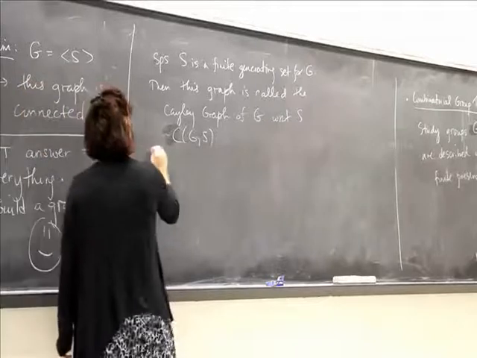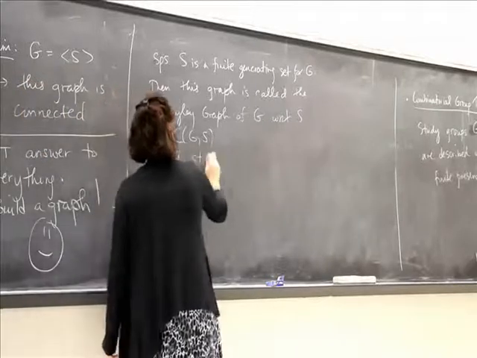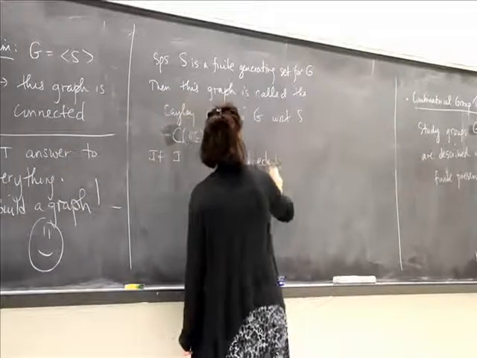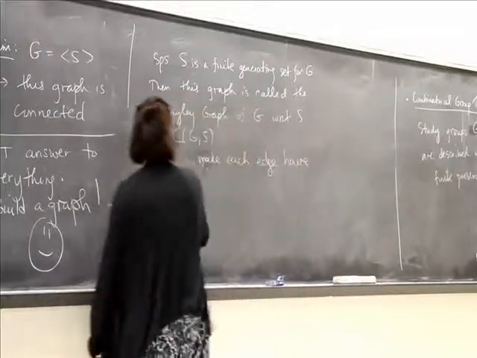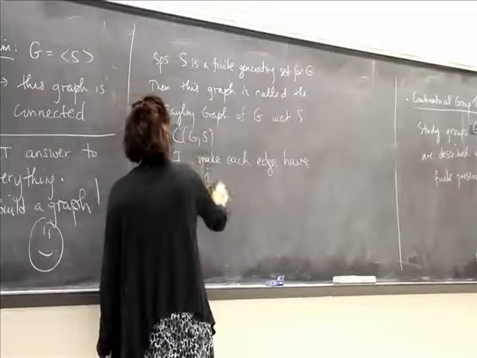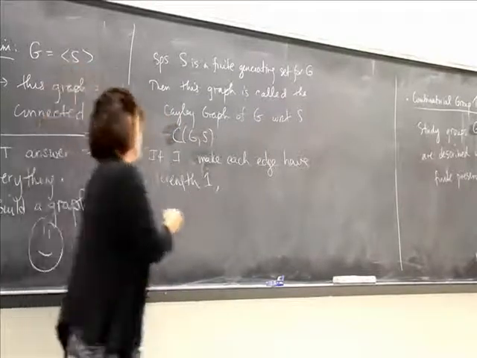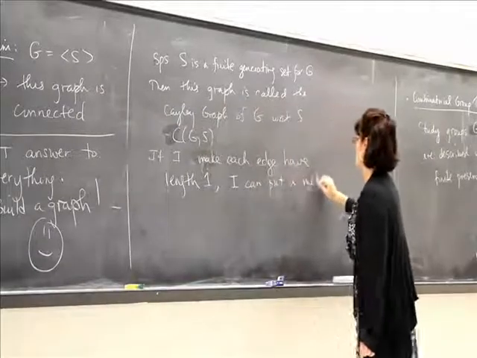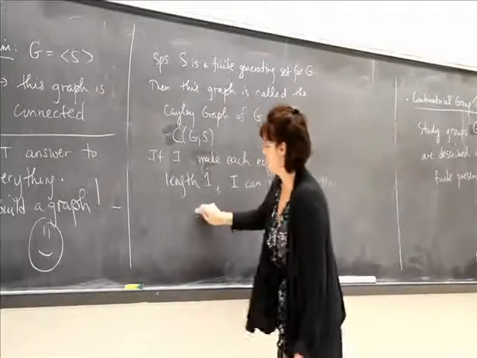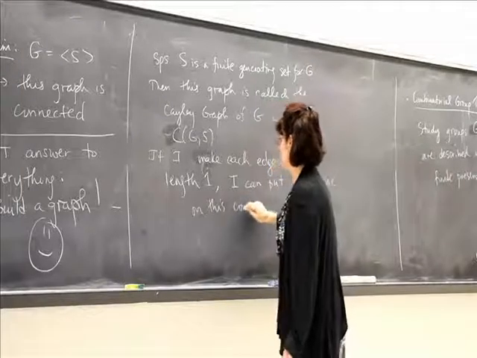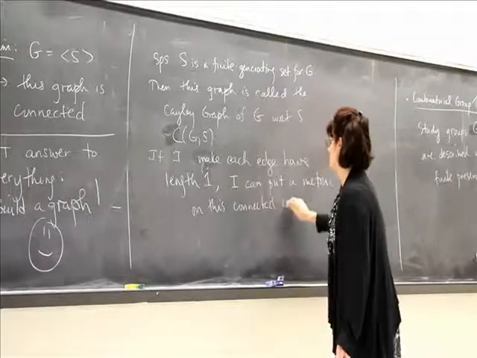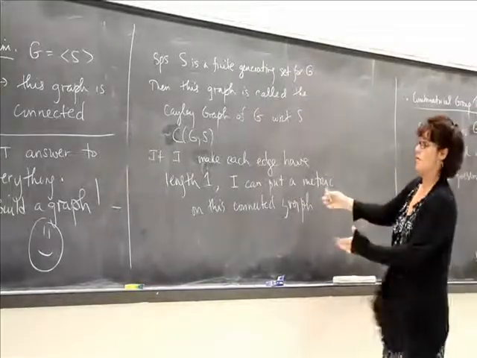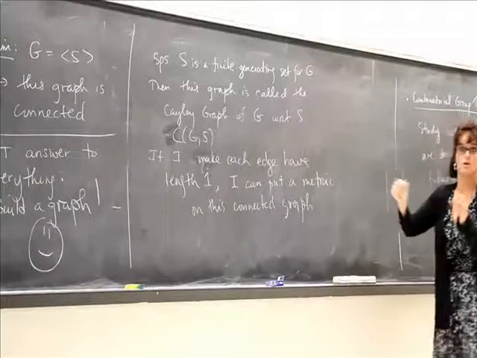Now it turns out that if I make each edge have length 1, I can put a metric on this connected graph. The distance between two points is just the shortest path.